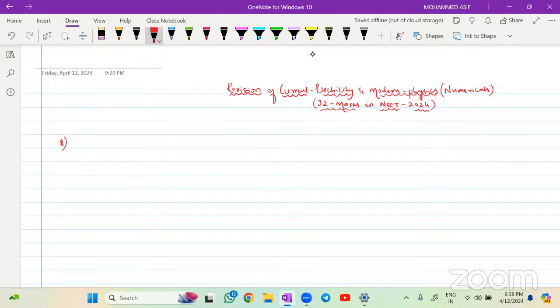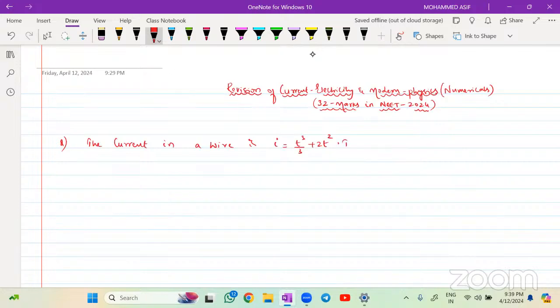If I have given you a question like this: the current in a wire is I equals t cubed divided by 3 plus 2t squared, where t is in seconds and I is in amperes.